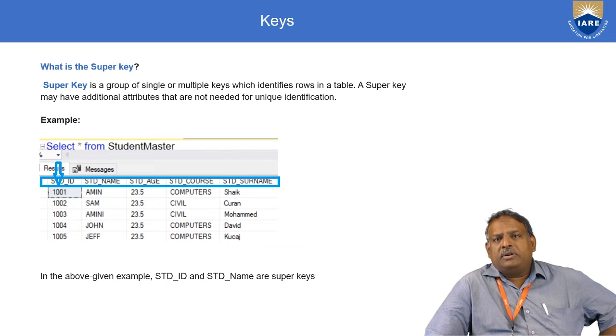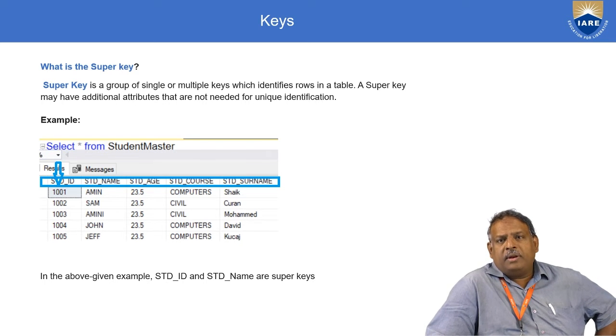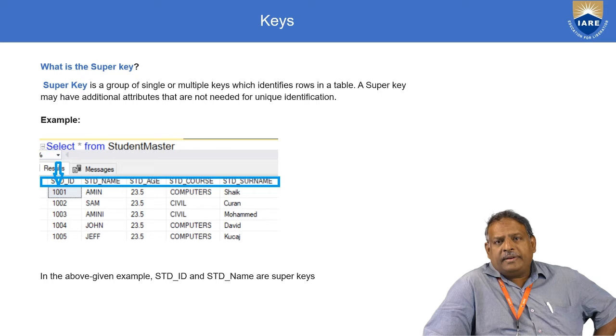In this example, the student master table has a couple of columns. In this, std_id is the single key which will uniquely identify the entire record. In this case, std id and std name are the super keys here.